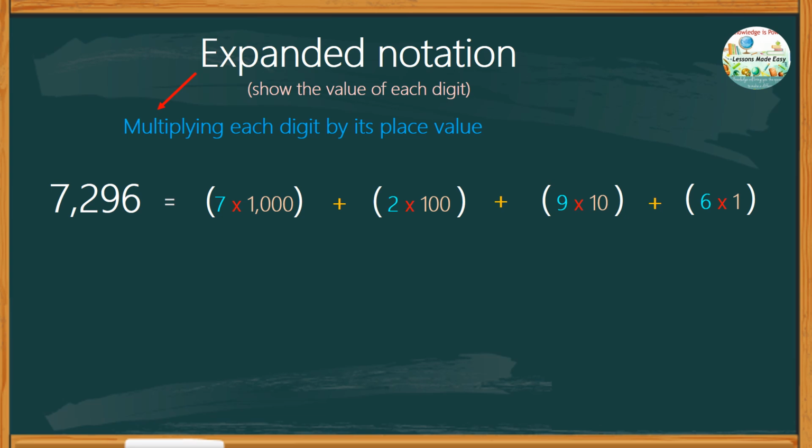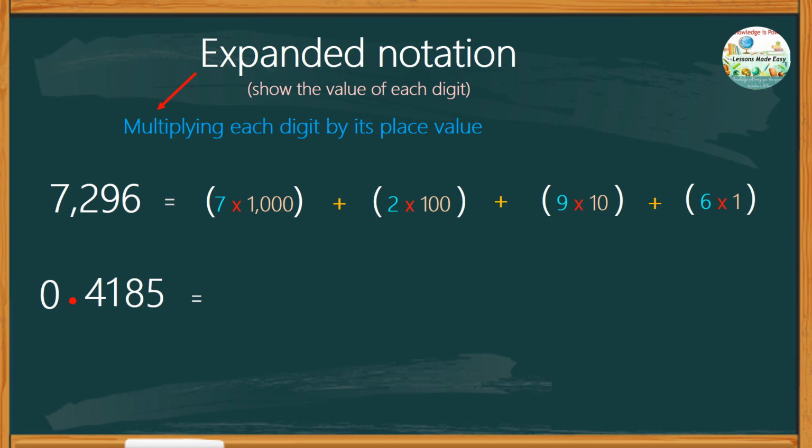Now, let's try expanding the decimal number 0.4185. There are different ways to expand decimals. Be reminded that a decimal number is a fraction written in a special form where each digit represents different powers of 10.